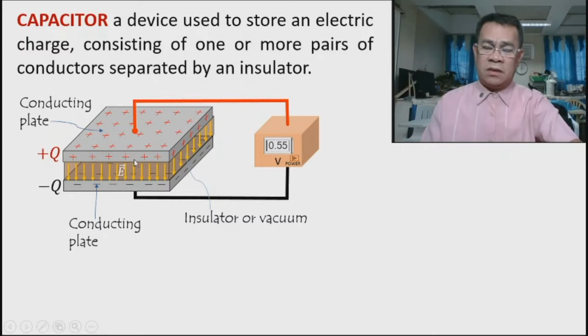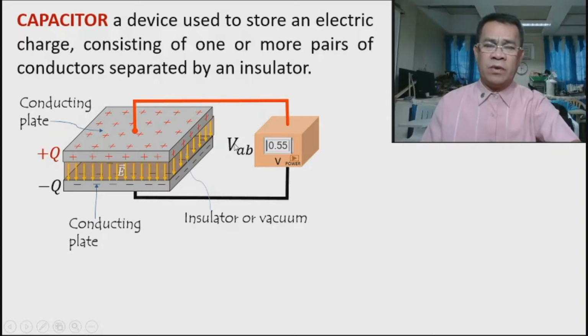Take note that in our previous video, in the parallel plates, the electric fields are constant between the plates. The voltage now reading on the voltmeter or power supply voltage will serve as the potential difference.